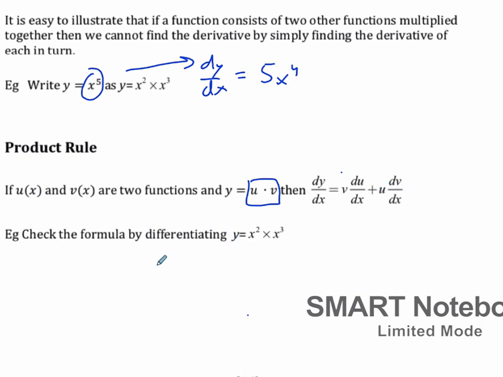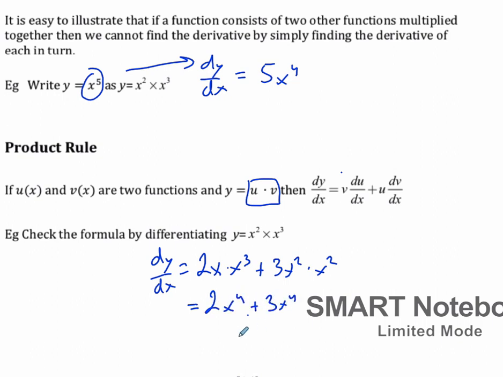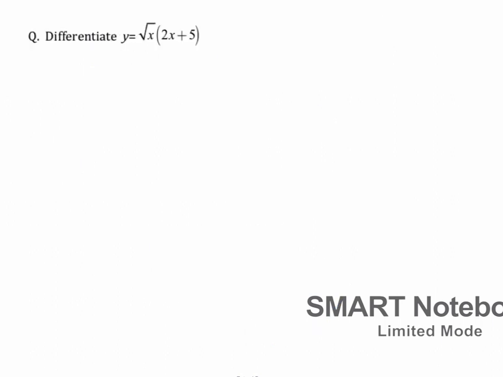So basically, like in this one right here, we have two functions, one's x squared and one's x cubed, so we can do the derivative of x squared, which is 2x, times x cubed, plus the derivative of x cubed times x squared. So then that gives us 2x to the power of 4 plus 3x to the power of 4. It is 5x to the power of 4. So you get the same answer. But sometimes there's only one way to do it. You have to use the product rule.